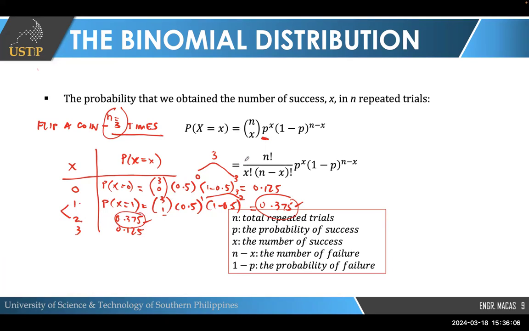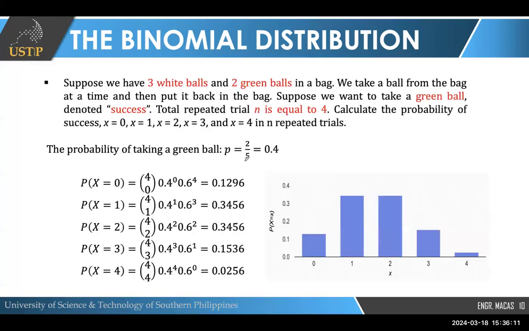Alright? Sige, let's have another example. I'll just read. Suppose we have 3 white balls and 2 green balls in a bag. So, dili siya straightforward nga heads or tails, success or failure, yes or no. Sometimes the problem is phrased this way, medyo tricky.